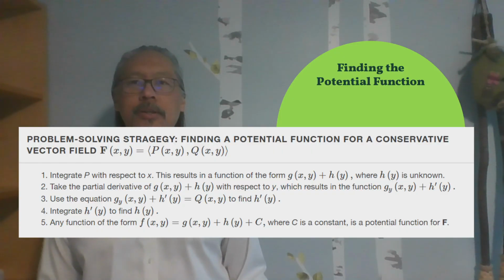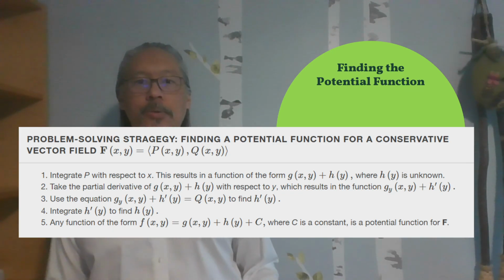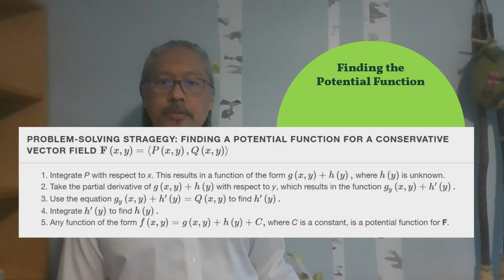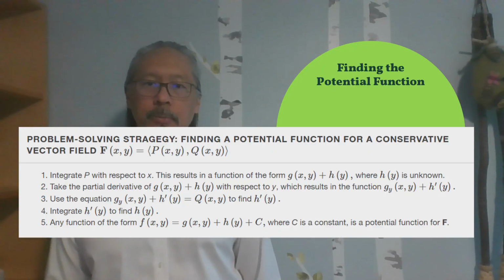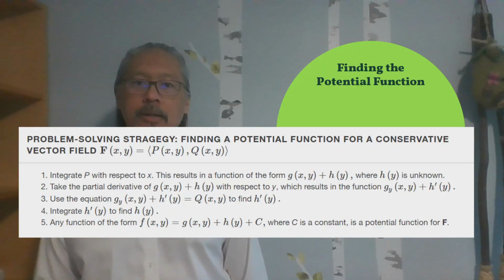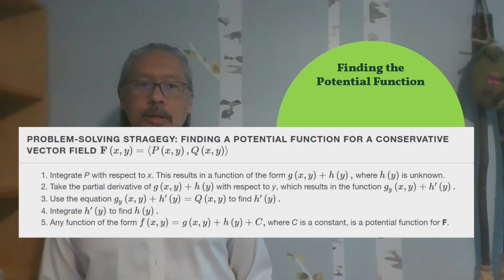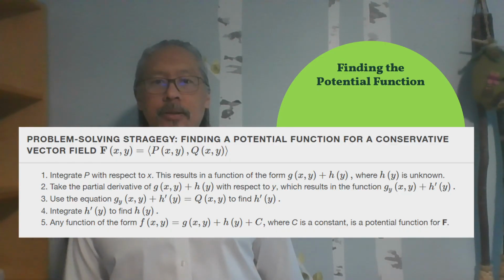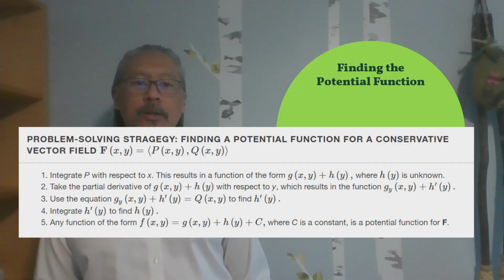So remember that a conservative vector field is a special type of vector field that's the gradient of some other function. That other function can be seen as a function of several variables whose gradient becomes a vector. And our task is to go backwards.